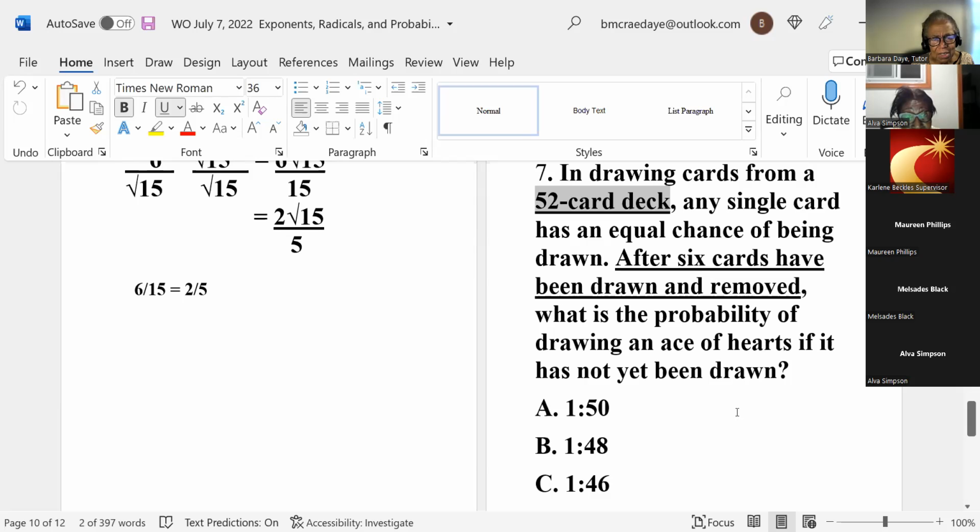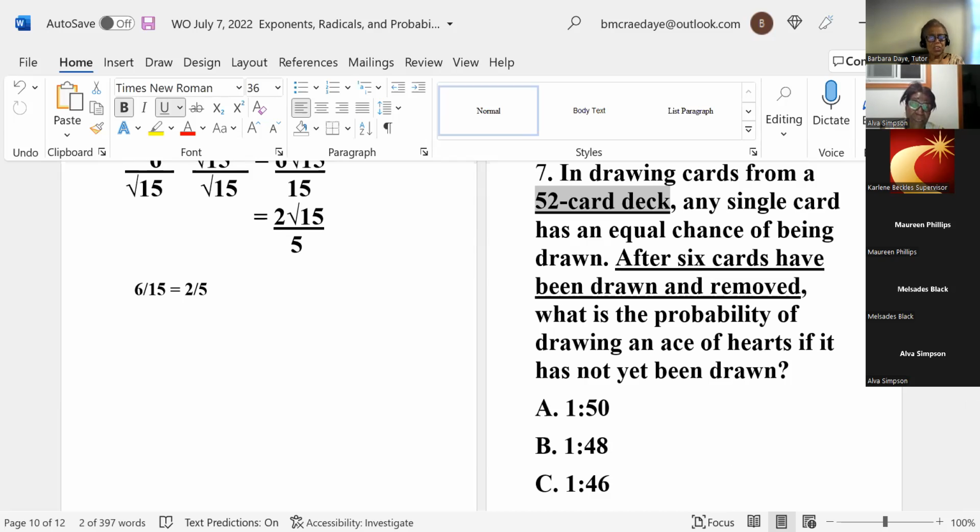What's 6 from 50? 6 from 50, leave 44. And the 2, make it 46. Let her finish, please. Go ahead, Alva. 6 from 50, leave 44. And 2, so 44 and 2 is 46.